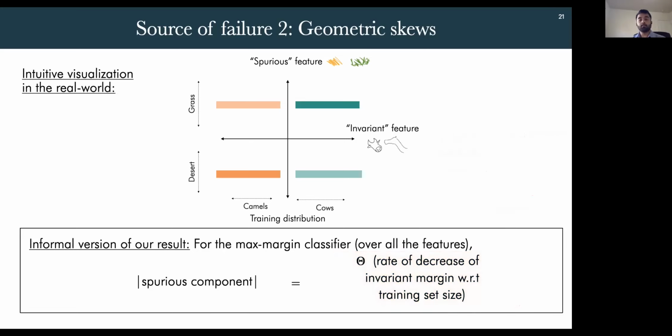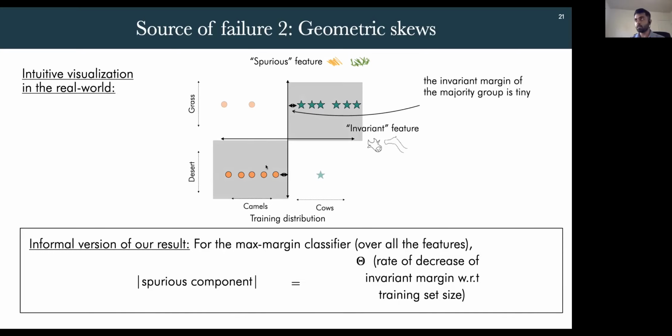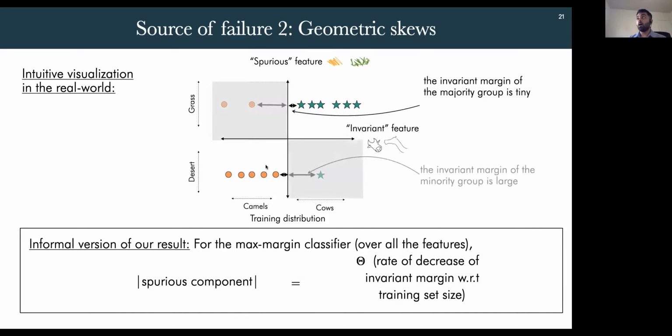But more crucially, what is also important is the geometry of what these data points are going to look like. In particular, along the first and the third quadrant, because I have a lot of data points, the margin of separation is going to be very, very small because I sample more and more difficult data points, and they'll get very close to the separation boundary. At the same time, along the second and the fourth quadrant, because I've sampled very few data points, the margin of separation is going to be really large.